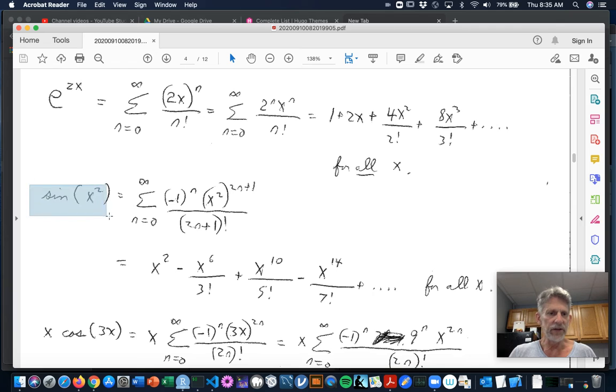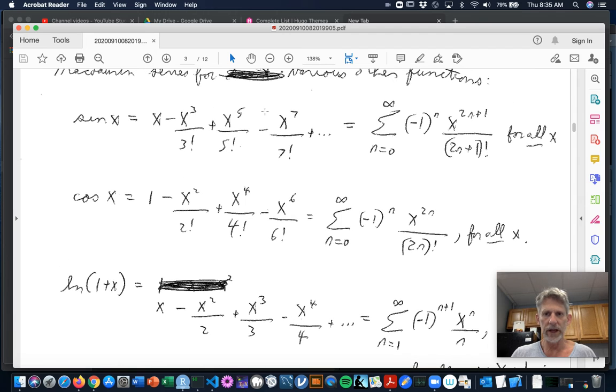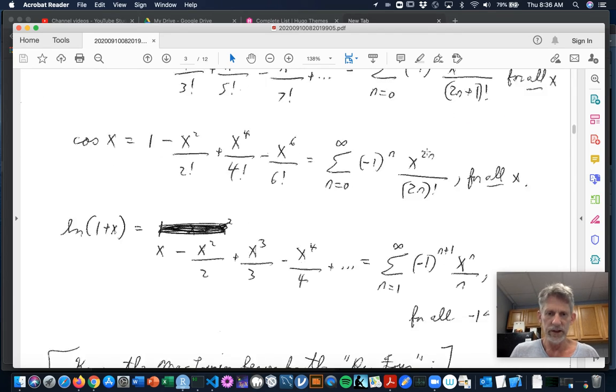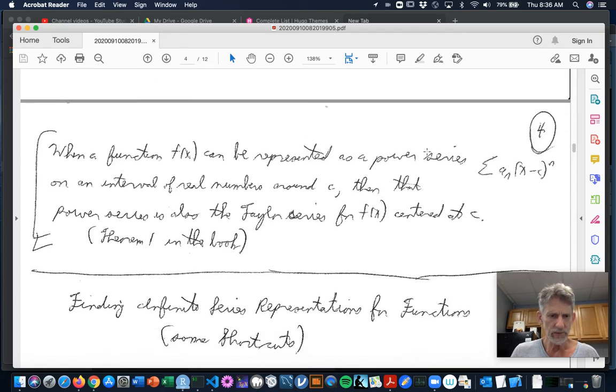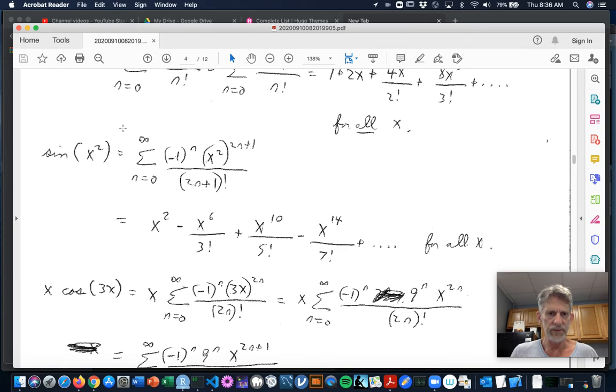If you need sine of x squared, no problem. Just hit up sine of x, okay? And put in an x squared wherever you see an x in that summation. And so you'd come to this. And then if you wanted to write out some terms, let's give it a try. When n is 0, this is a 1.